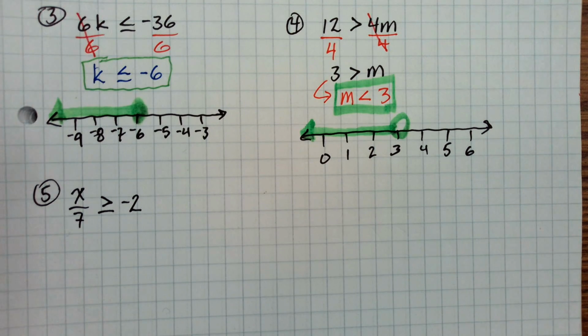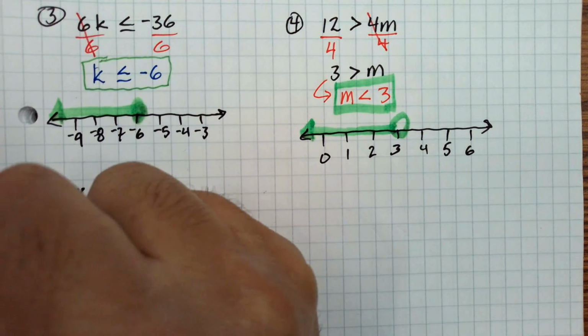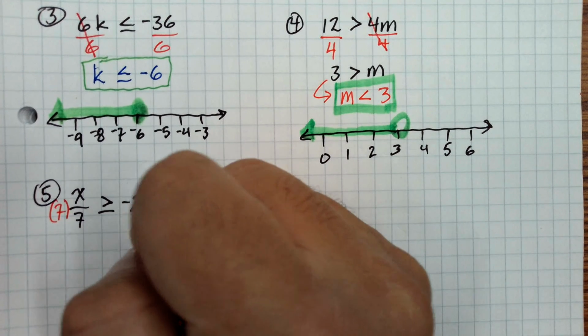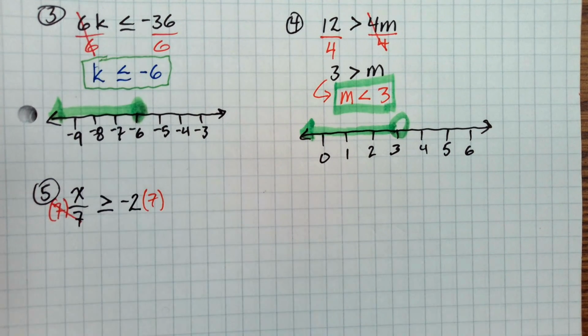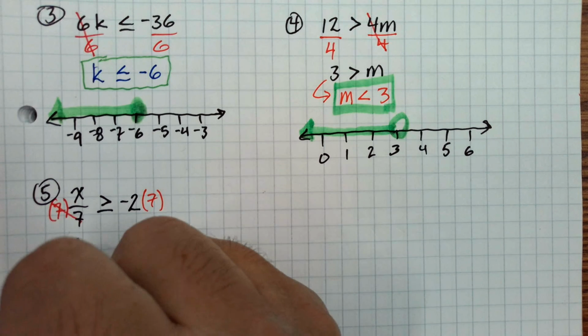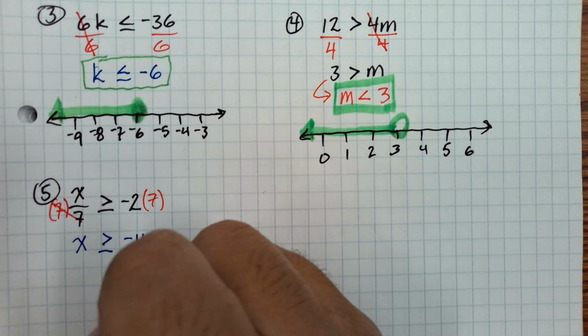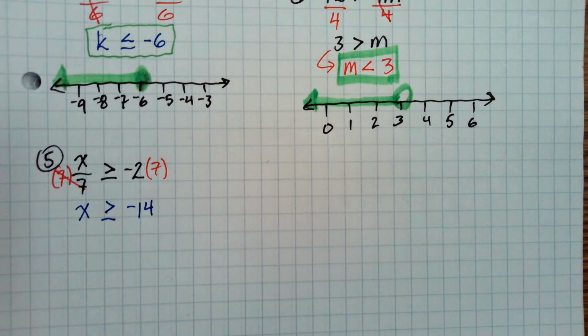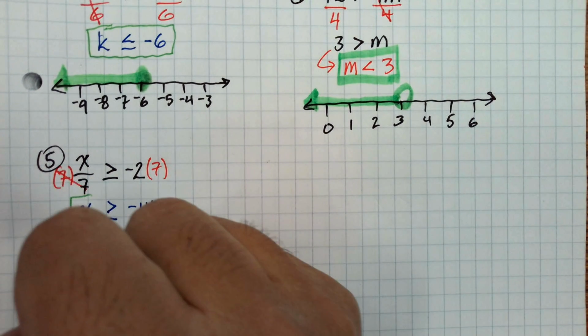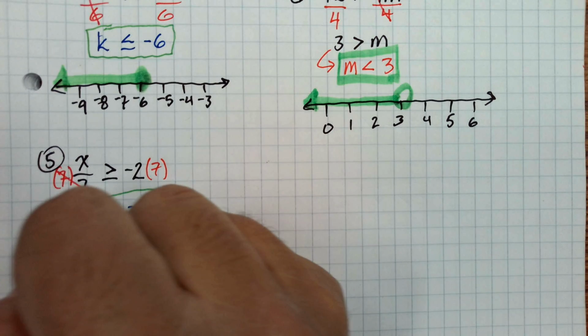So I'm going to multiply by what? 7. I want to multiply by 7 here and here, just like we did with the equations. And that's going to give me x by itself greater than or equal to negative 14. And that's going to be the answer. I like that answer because the variable is already on the left. Don't have to flip anything around.